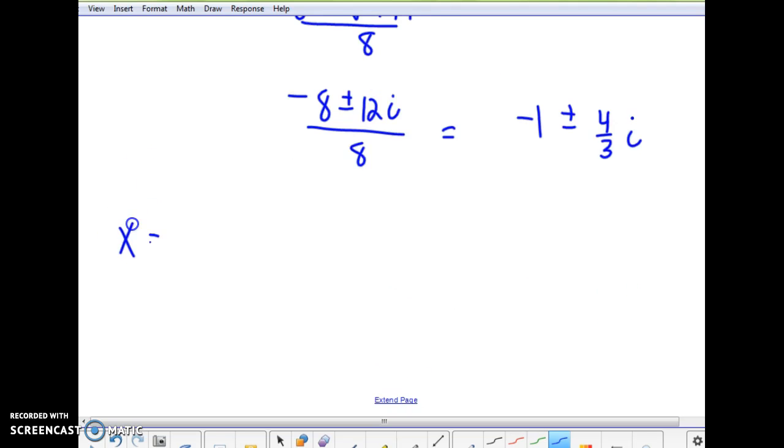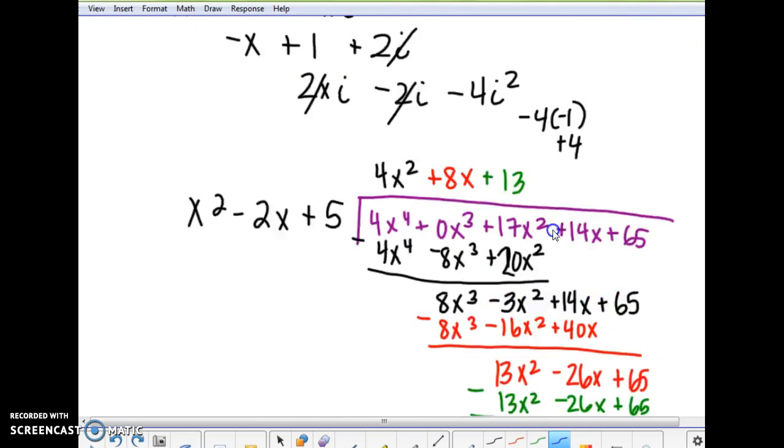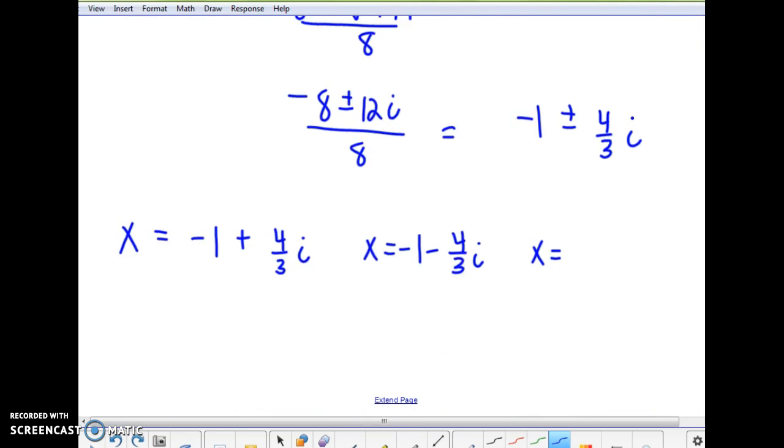So those are our other zeros, so x equals negative 1 minus 3/2 i, and x equals, what was our very first one at the beginning? 1 minus 2i.